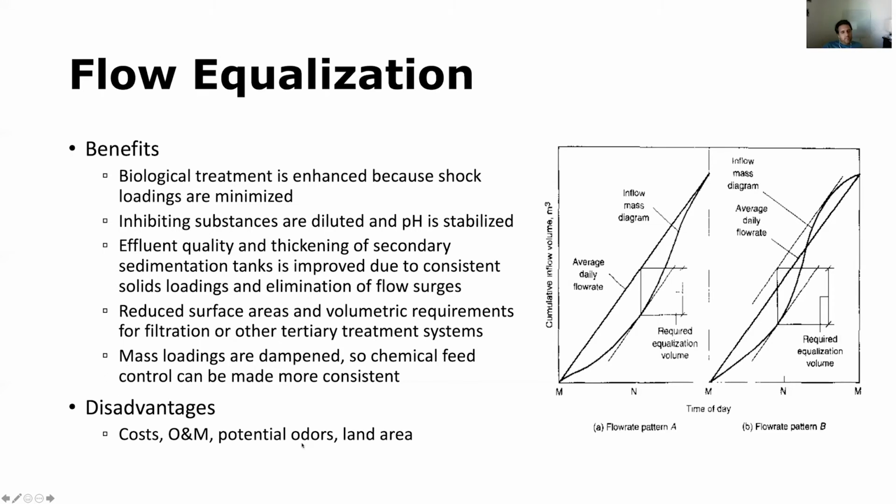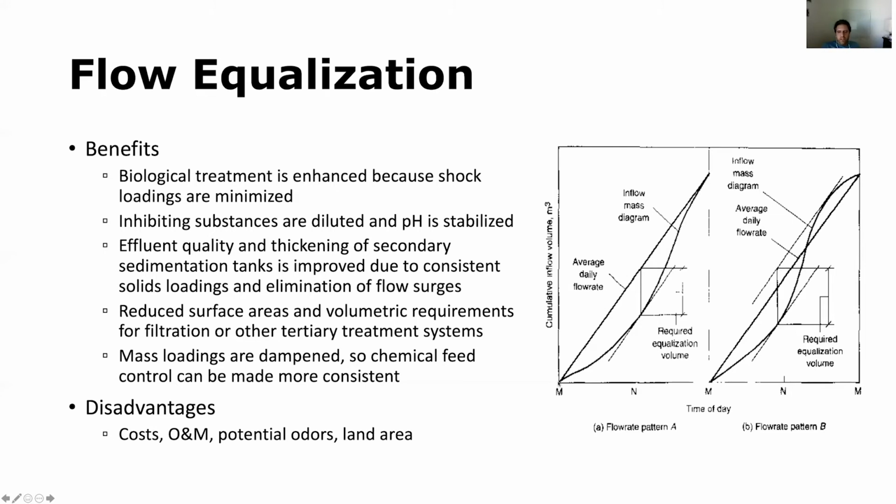So here's an example of a plot that shows the cumulative inflow volume. Throughout the day, you can see that the average daily flow rate is accumulating in the tank. And it has this curve, which is characteristic of the fluctuating flow rates throughout the day.